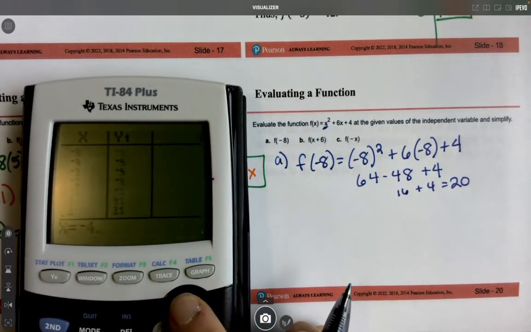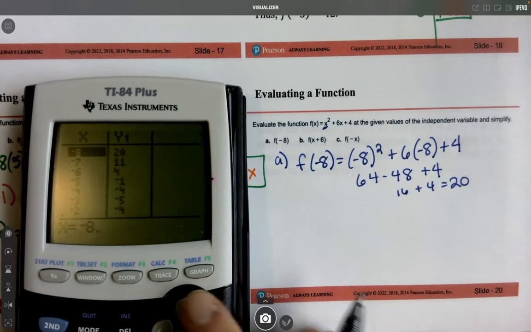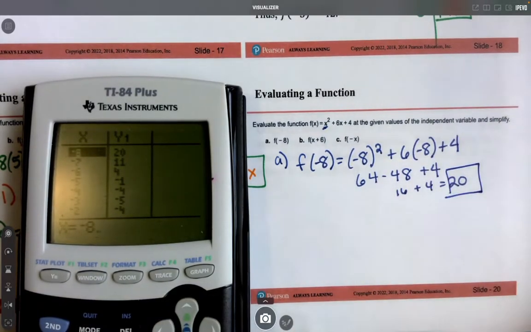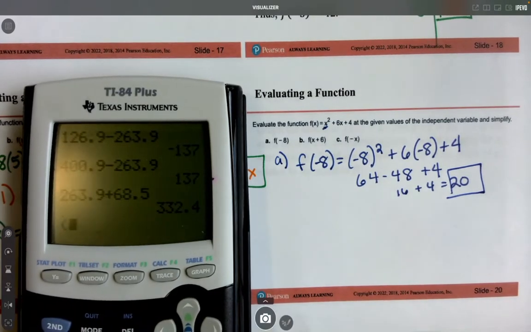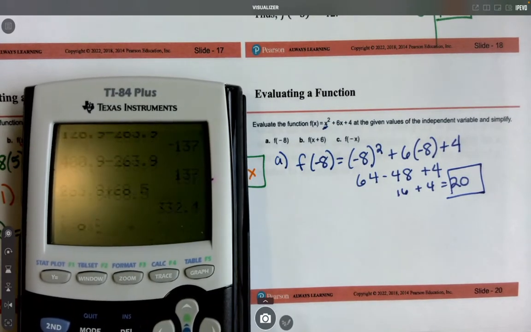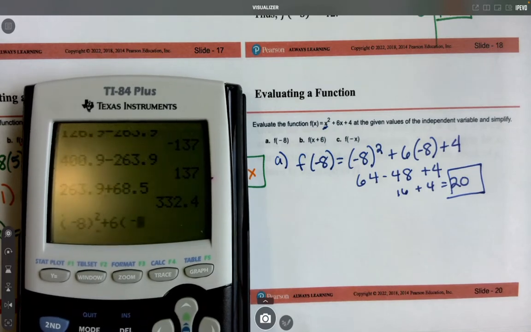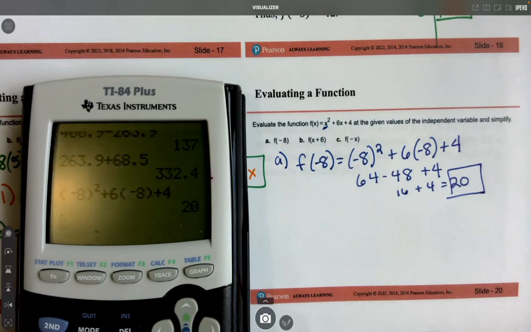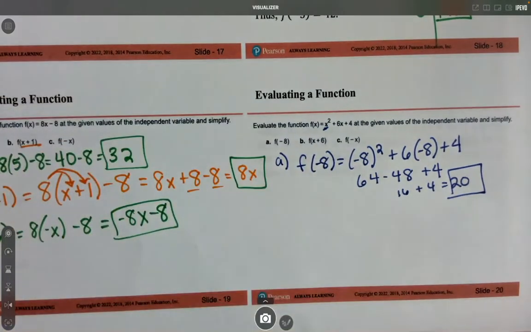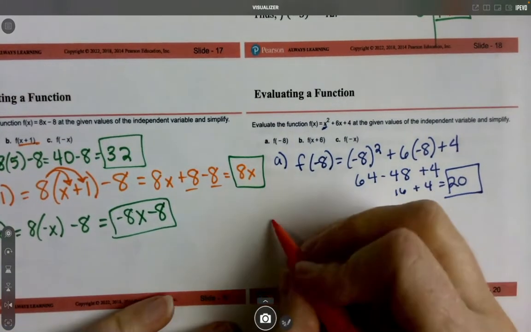We're going to go to negative 8. 820. Okay, good. We could have also done this, parentheses, negative 8 squared plus 6 times a negative 8 plus 4 to get it as well. So either way works.